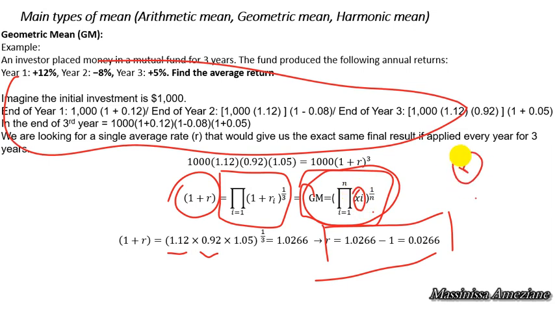No, use 1 plus R, the growth factor. Once you have found the average growth factor, then you can find the rate by deducting 1. So growth factor minus 1, you get the rate of return for this example.